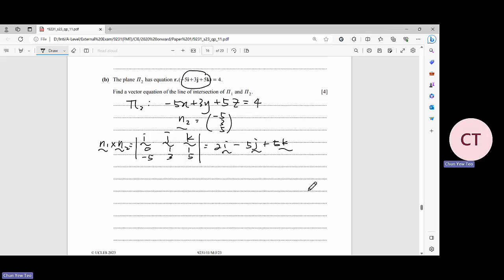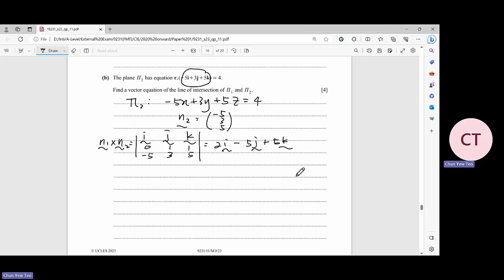Okay. Then because the equation of a line will be r equals a plus λb. So we already found the b. This is the b, the directional vector. Now I just need to have a fixed point a. So in order to get the position vector of a, I need to solve the simultaneous equations of the π1 and π2. The π1, I write down here as, just now is y plus z equal to -7, right?